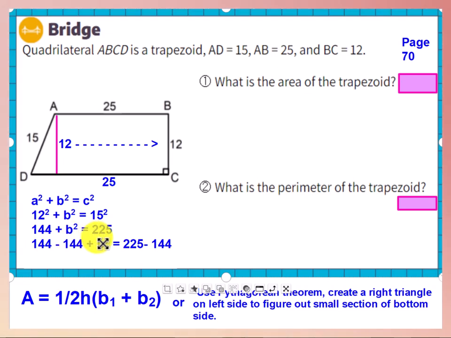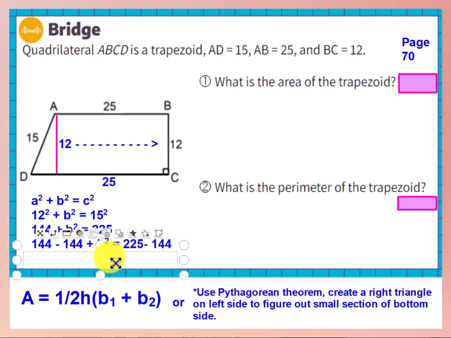So all we're left with is B squared. We're going to bring that down. Equals, and then take your calculator, 225 minus 144 gives us 81. Take the square root of both sides, so B is equal to 9. So now we know the length of that missing leg.